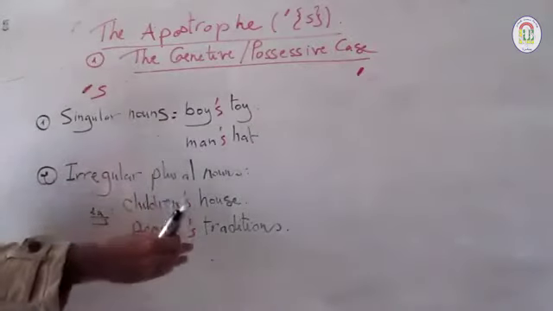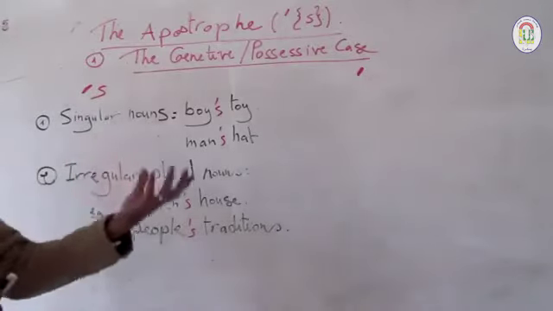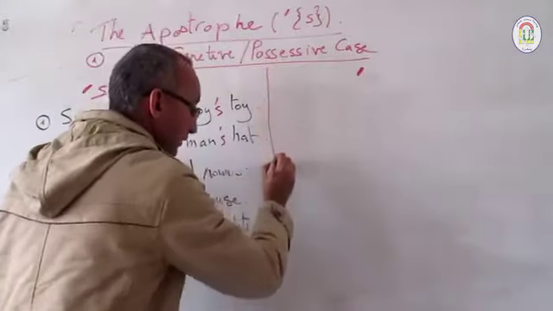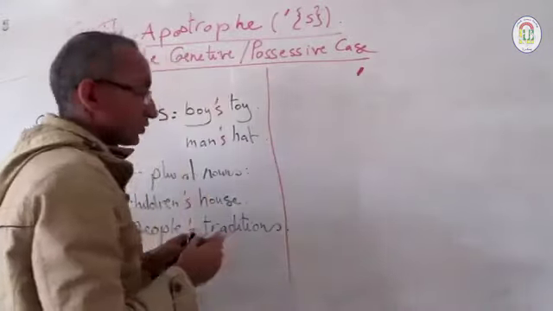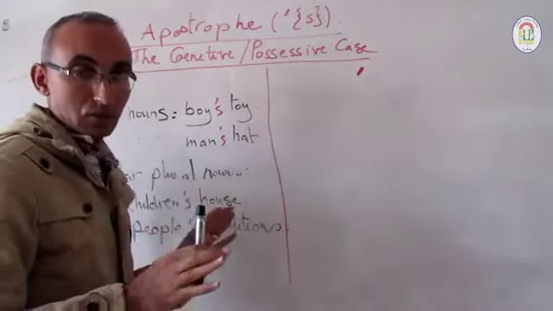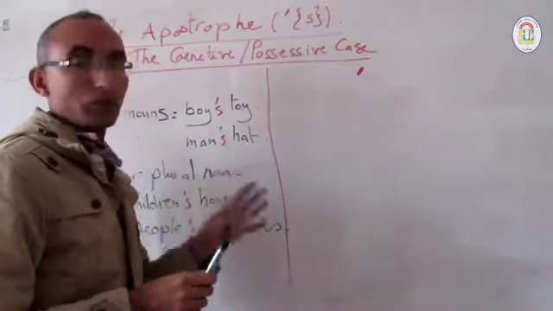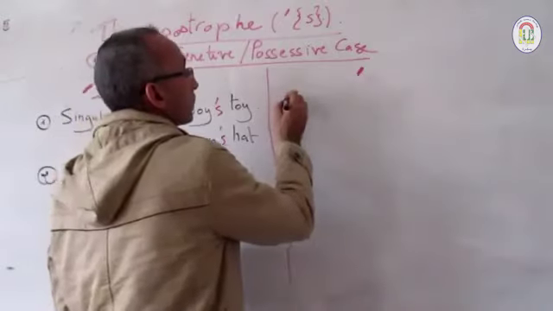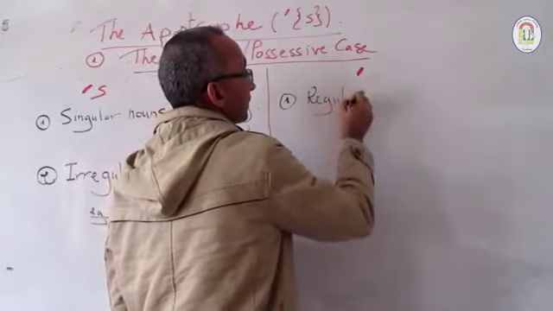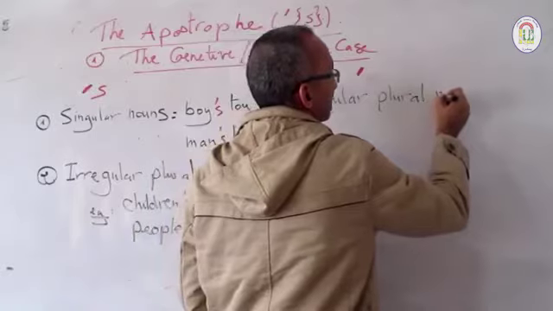On the other hand, we have the second form to express possessive case, which is the apostrophe alone after the noun. So here, of course, we use it always with what? With regular plural nouns.